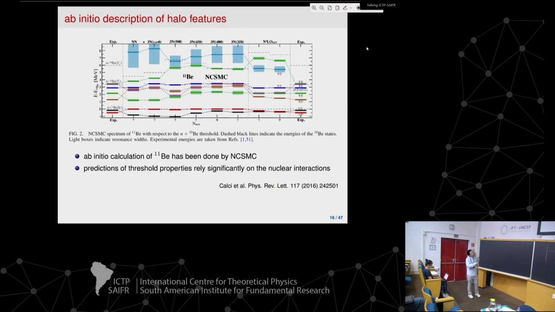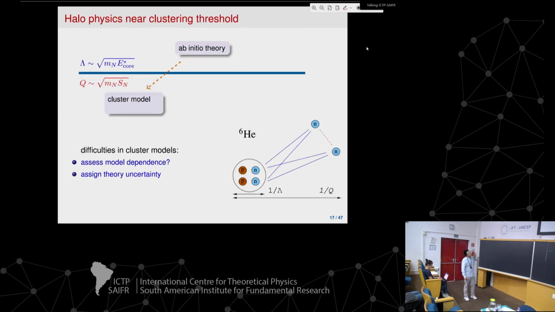But then if you look at chiral effective field theory calculations using the shell model in the continuum to calculate the threshold physics, you will see that if you use different interactions, your description of the threshold physics can change a lot. This means it is very sensitive to the chiral interaction you're using. So that is the difficulty in ab initio theory.